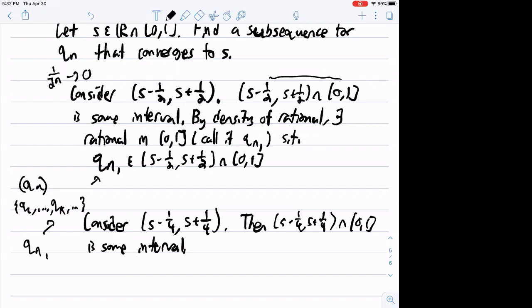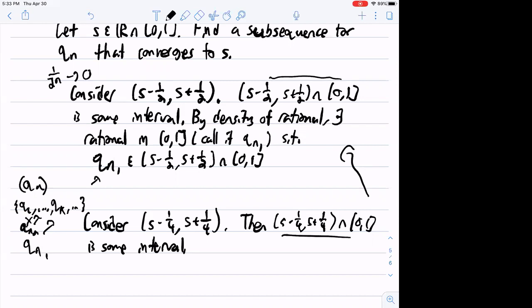So here, if you just repeated the same argument like the paragraph above, you get a rational in this interval, but the rational could be right here. The rational you chose could have been your Qn2, and that's no, right? Because again, a subsequence has to be ordered. Your next term has to be past Qn1. It can't be before, right?